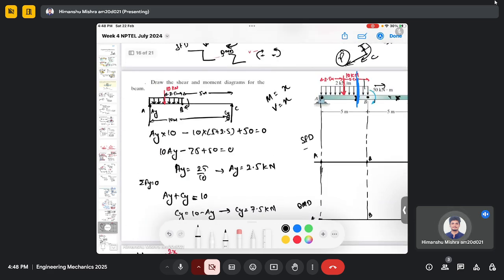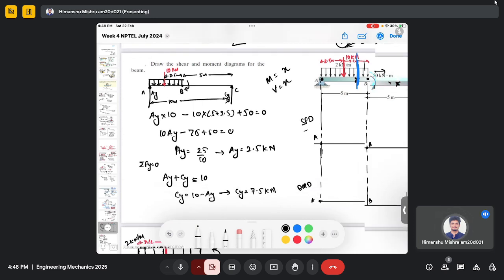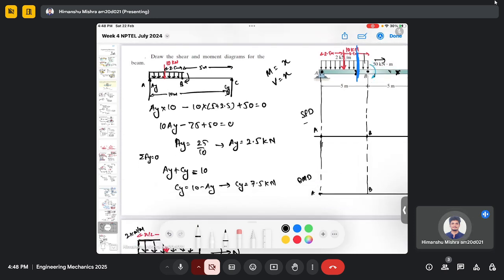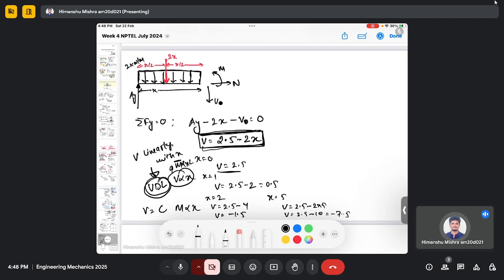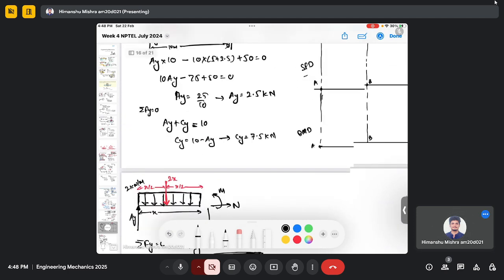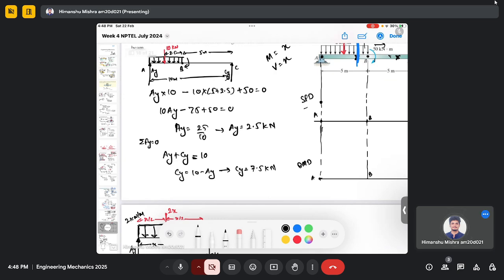because you have to change x, that's all you have to do. So between A and B, you can find shear force at any location. So we got at x equals 0, the shear force is 2.5. So here it is this 2.5.